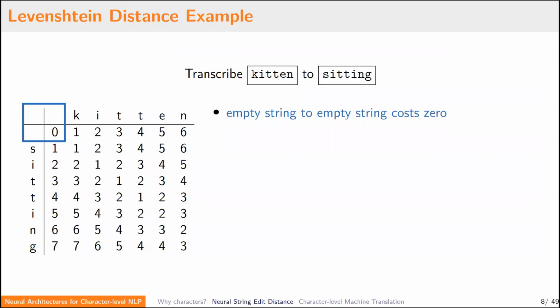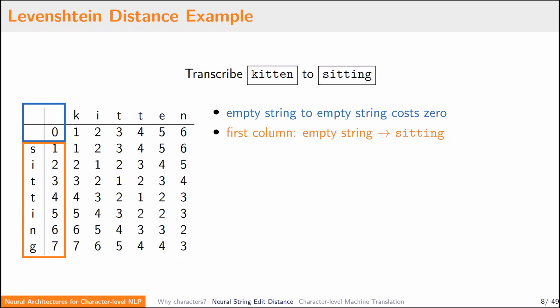So let's say we want to transcribe the word kitten to the word sitting, and during the computation we fill a table like this. We can see that transcribing the empty string to the empty string always costs 0. The first column shows the cost of transcribing an empty string to sitting.